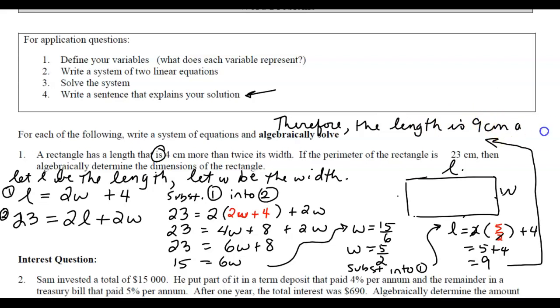And the width is 5 over 2. You can leave it as an improper fraction. You could show it as 2.5. In this case, it is a terminating decimal, so you could show it as a decimal as well. But I'm just going to leave it as 5 over 2 centimeters. Okay.